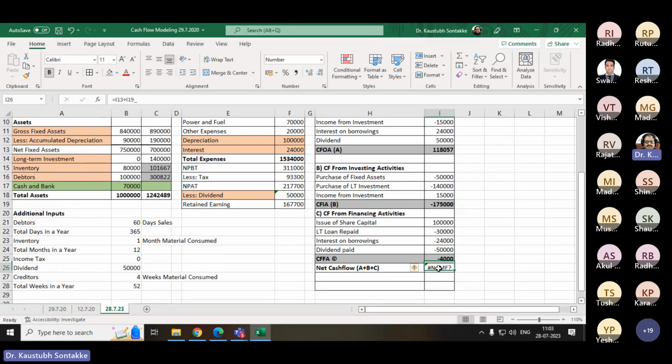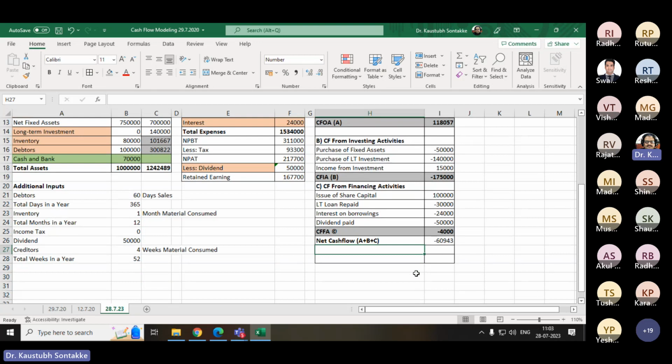I'll do it again. Is equal to A plus B plus C, enter. So your net cash flow is minus 60,943.